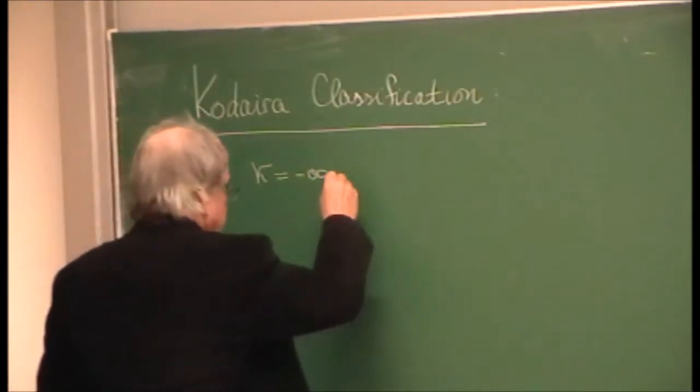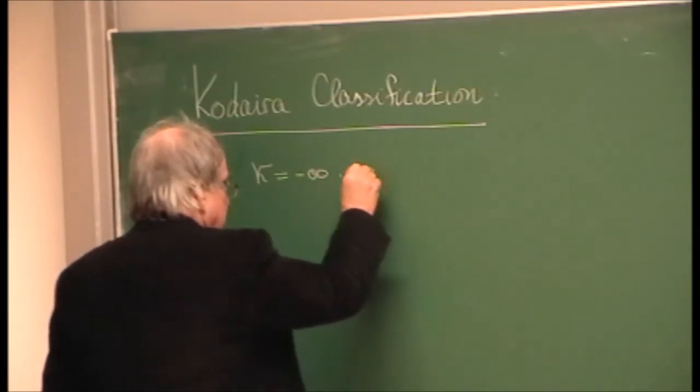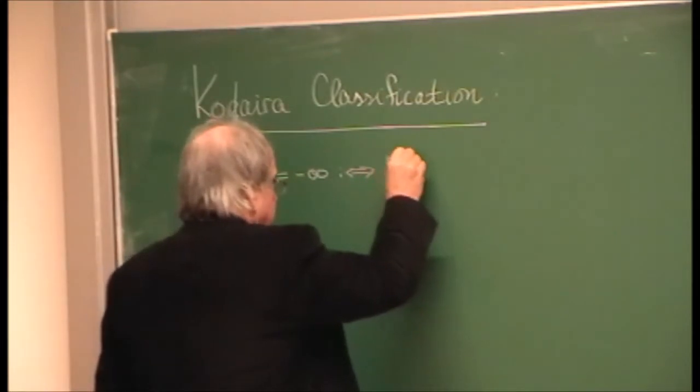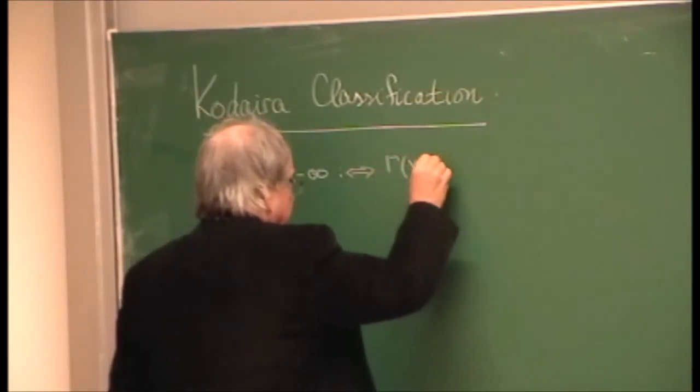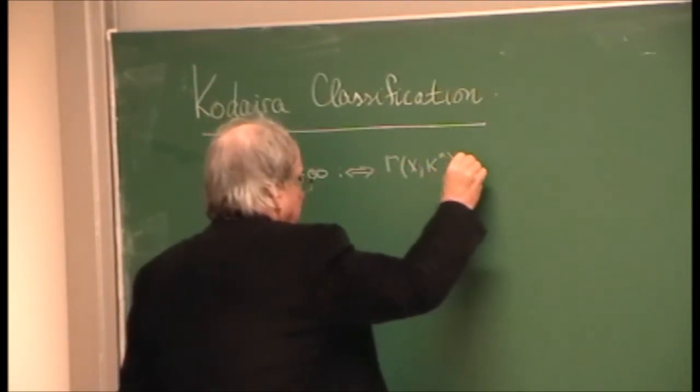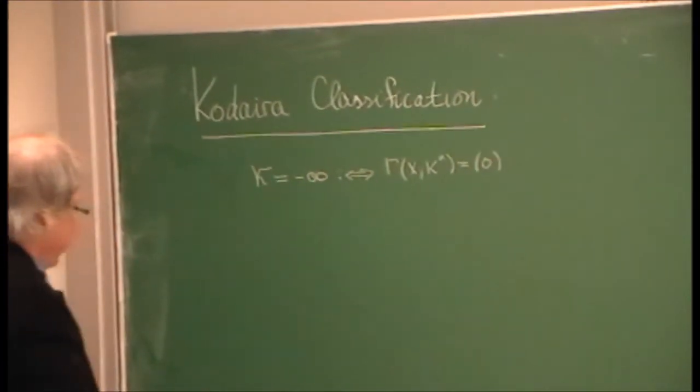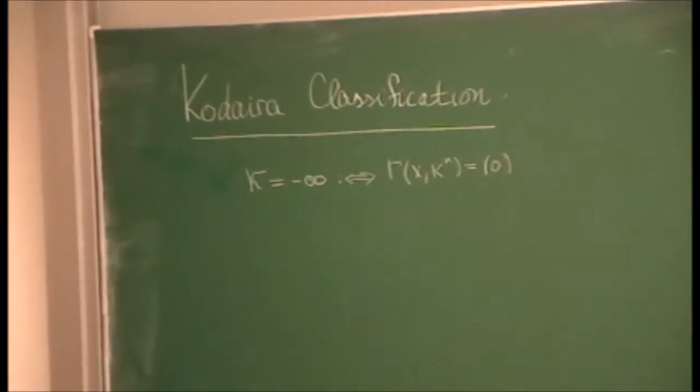And that means that there are no sections at all in any power of a canonical bundle. So from the point of view of the canonical bundle, the worst possible thing.